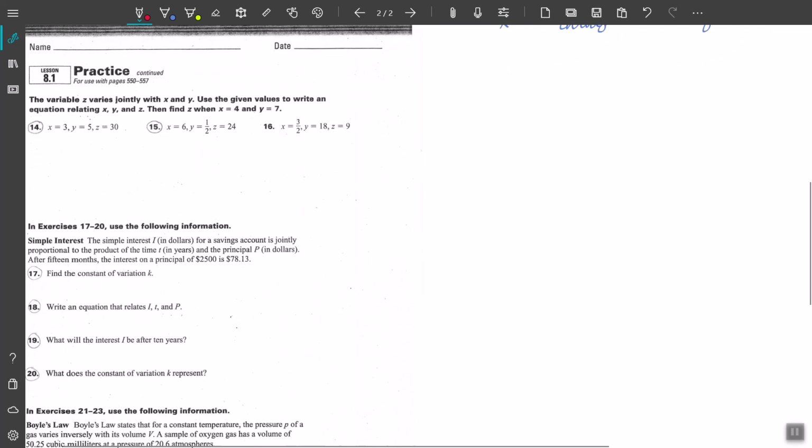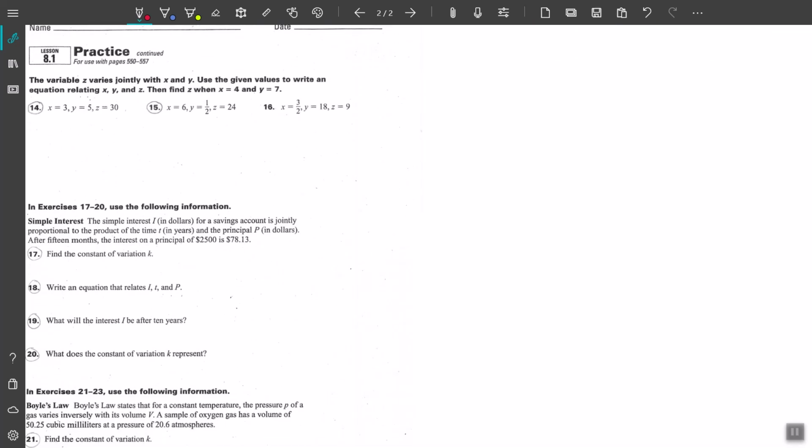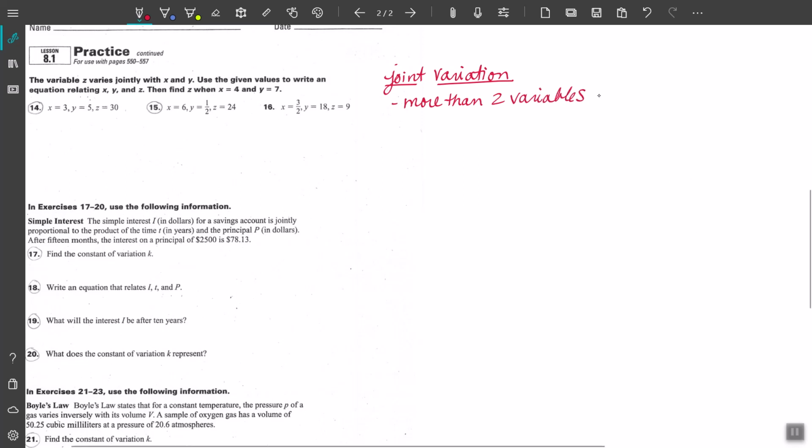On the back of the worksheet, they introduce us to a concept called joint variation. Joint variation is not really a new type of variation. It just has to do with the fact that more than two variables are involved, and they will vary directly with each other.